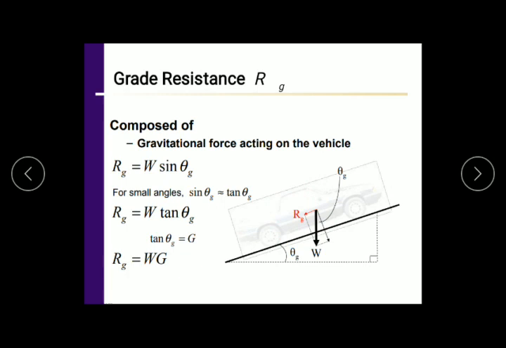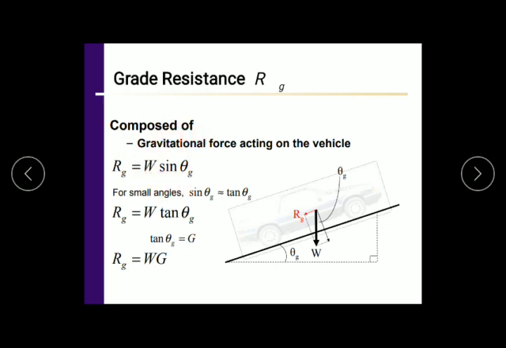Rg is the grading resistance. The resistance offered to the vehicle on the slope surface is the grade resistance. It is basically due to the gravity acting on the vehicle body. If you resolve this system, you will get Rg equal to W sin theta g.